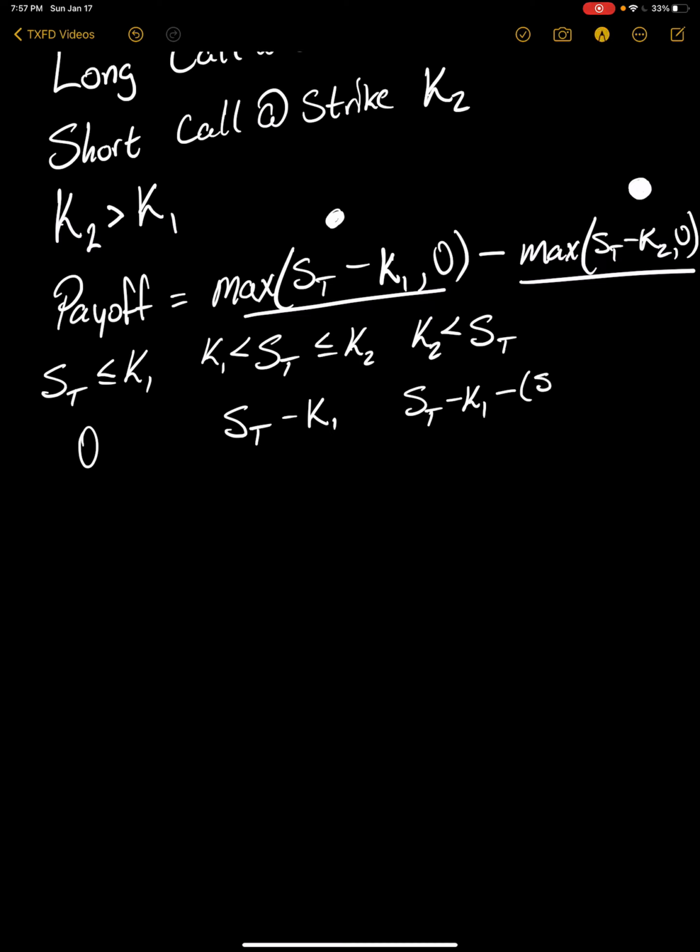So we're going to subtract from that the stock price minus K2. Now, this reduces: these stock prices are going to cancel, and the negative is going to come over here and make a positive. So we're going to end up with K2 minus K1.